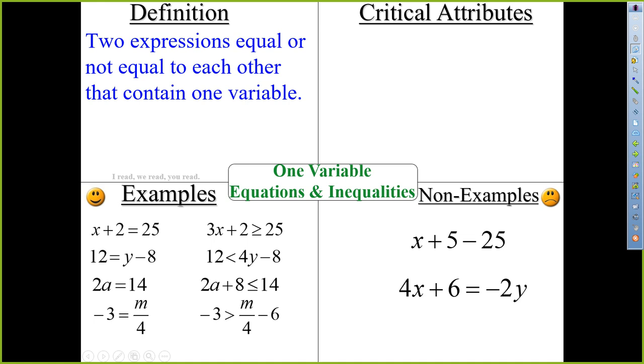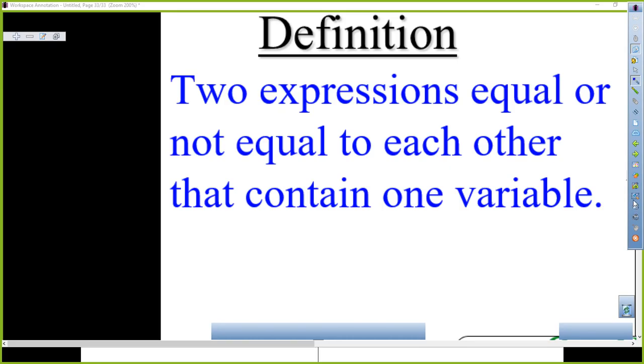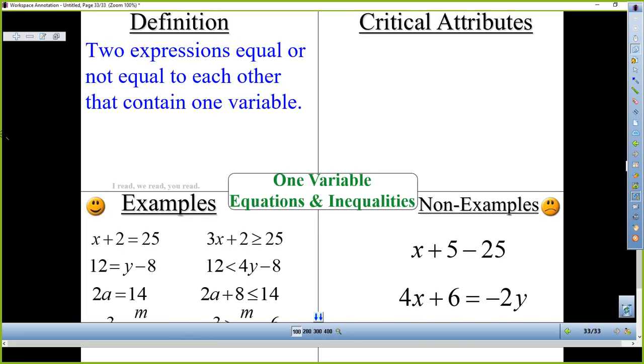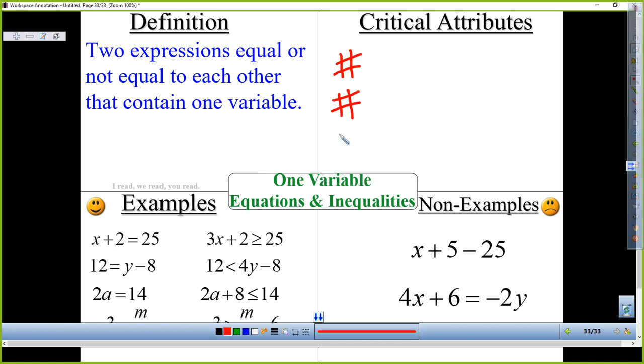So if you were to take a picture of this and send it to your peeps via your social media app, whatever that is, hashtag it. Hashtag the picture. What are one variable equations and inequalities? Alright. Hashtag, hashtag, hashtag. Matthew, give me one. Hashtag what? Hashtag one variable. One variable.